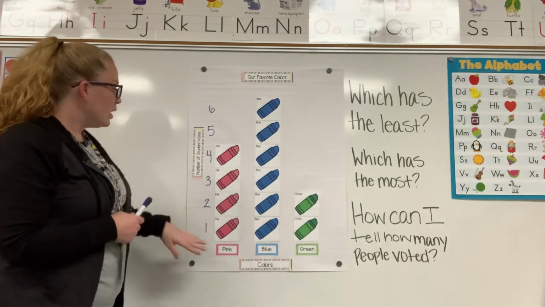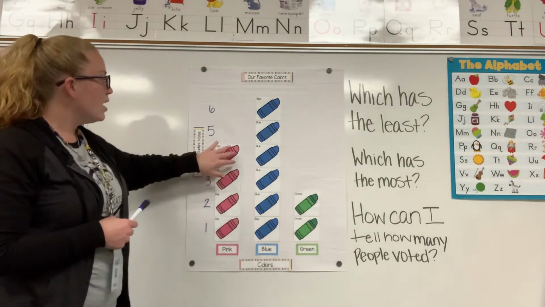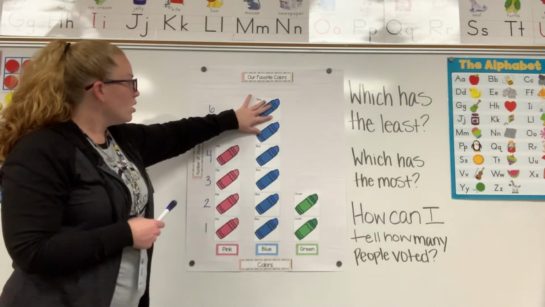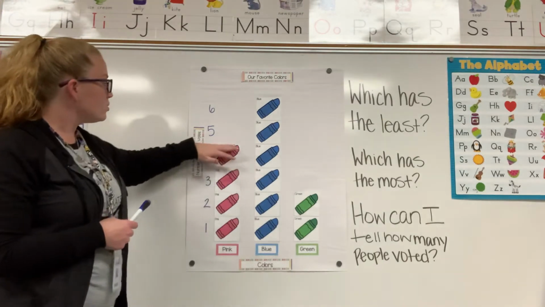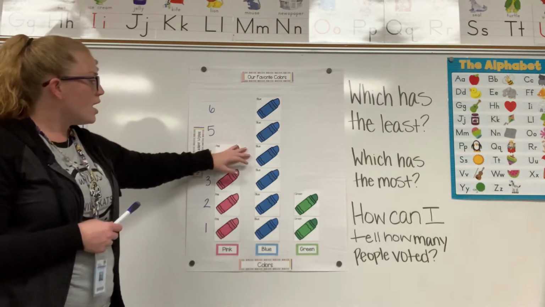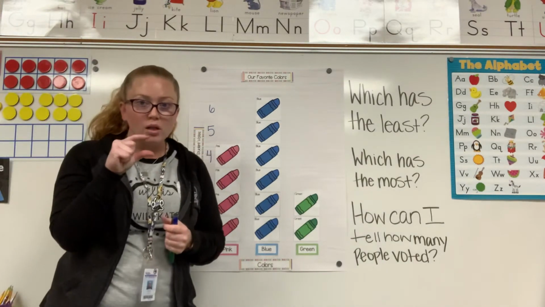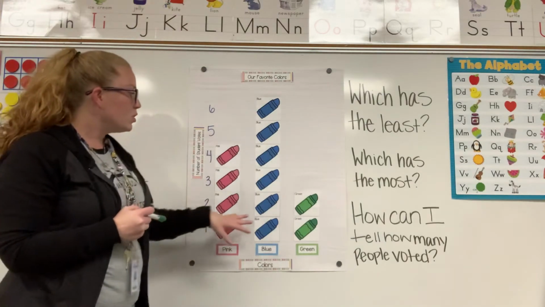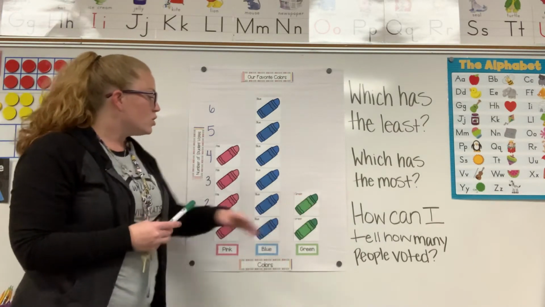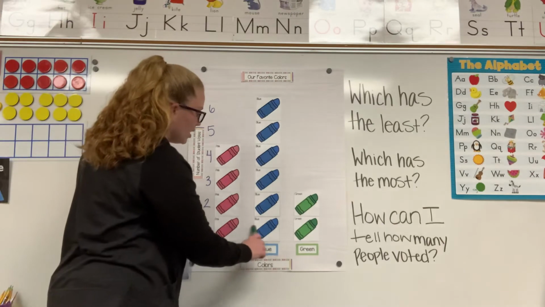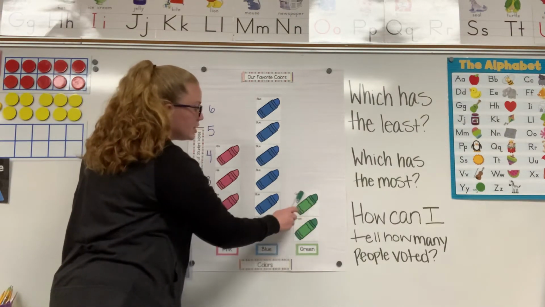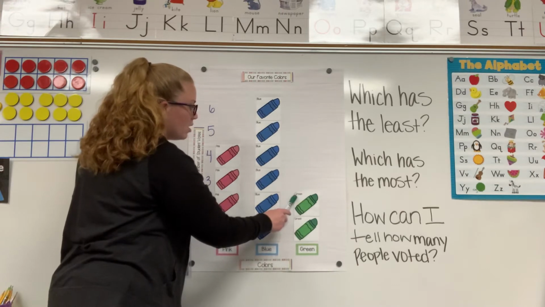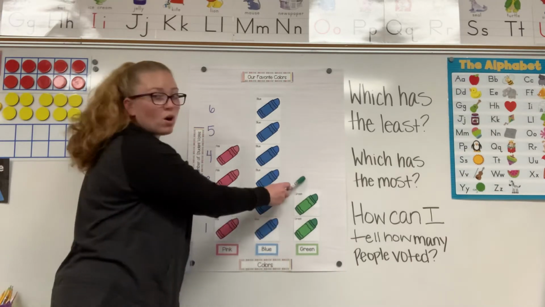So if I'm looking at my colors, I see that blue is way up here, and green is down here, and then the pink is right here in the middle. So if I was wondering which one had the smallest amount, then my eyes would go straight to the green. So if we look across, they all have a match up until this point. But green does not go any farther.